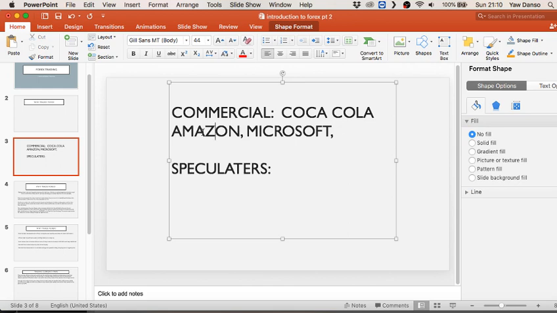So Coca-Cola will be in the forex market trying to exchange US dollars for British pounds. If not for the money, then for what? It's commercial business. They have to exchange money to continue with their business activities. Let's say Microsoft wants to buy 10,000 computers for all the companies they have in the UK.